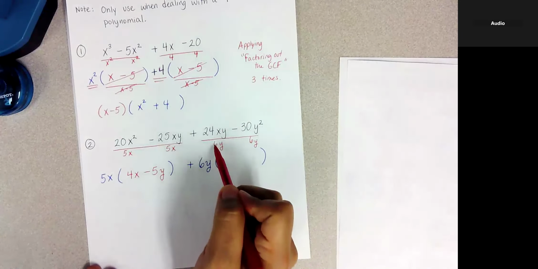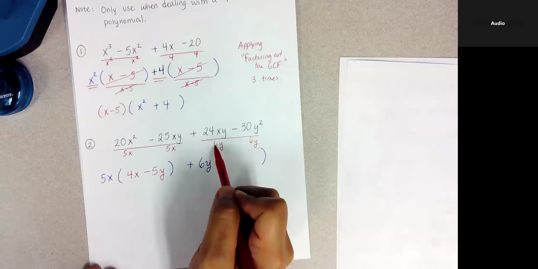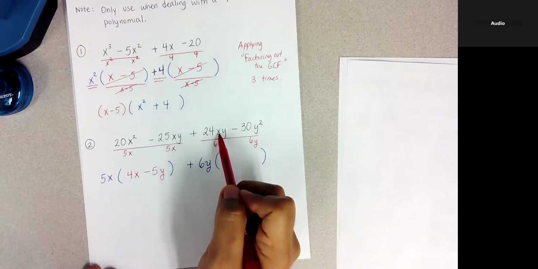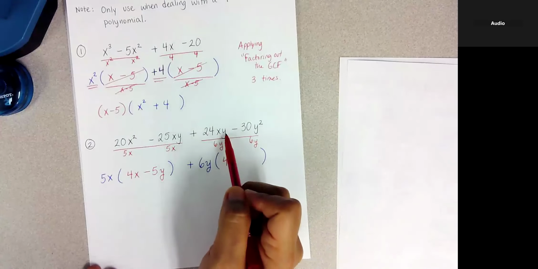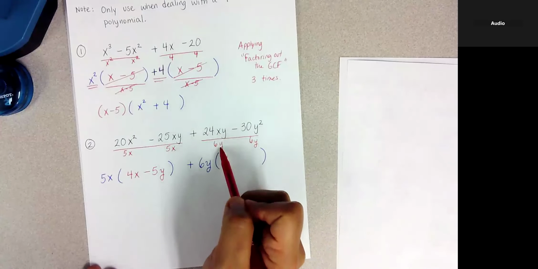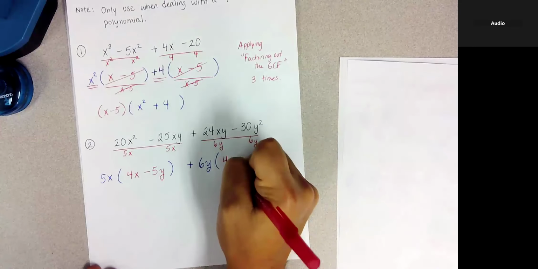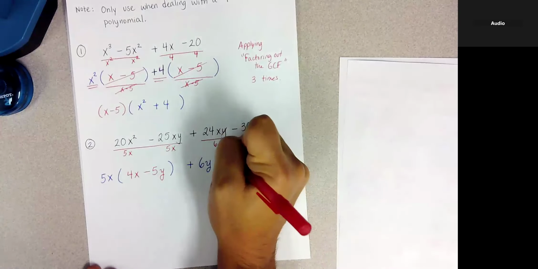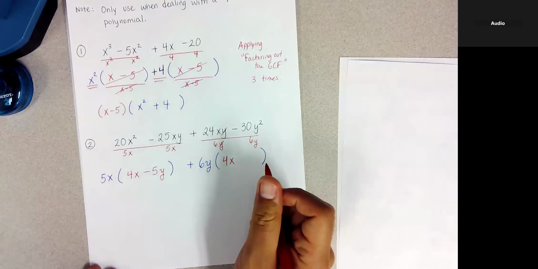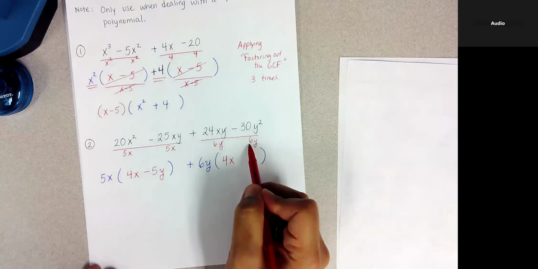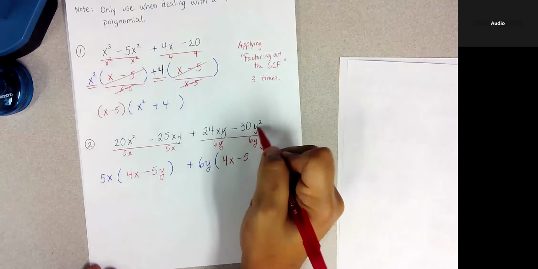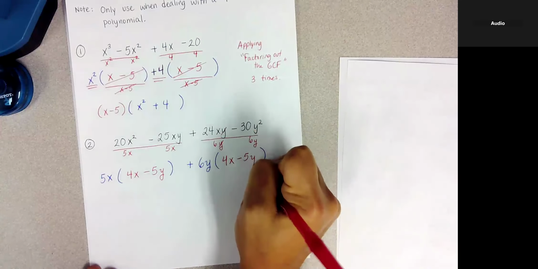And then 24 divided by 6 is going to be 4. And then there's nothing to cancel out the x, but we can cancel out this y because y divided by y, that'll cancel. We'll just bring the x down. Okay. If you need to see that crossed out, cross that out. Okay. Negative 30 divided by 6 is going to be a negative 5. And then y squared divided by y is going to be y.